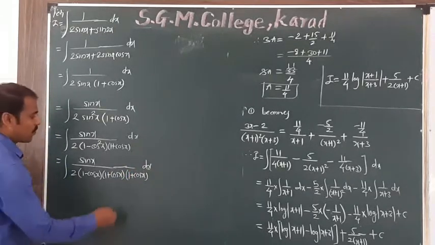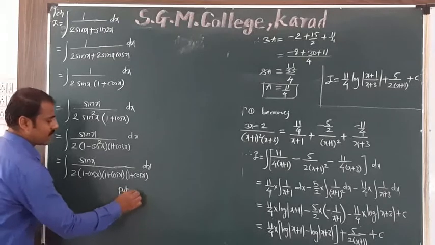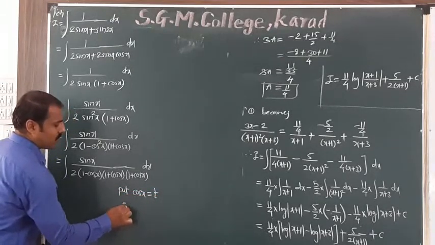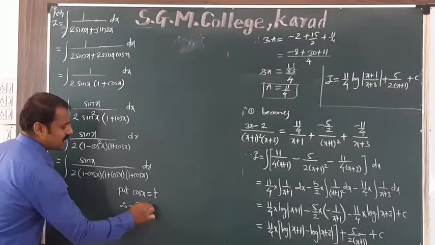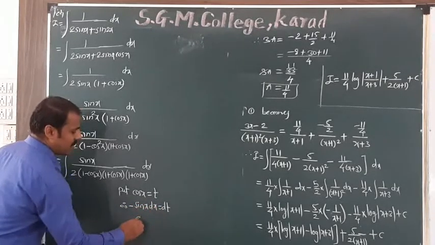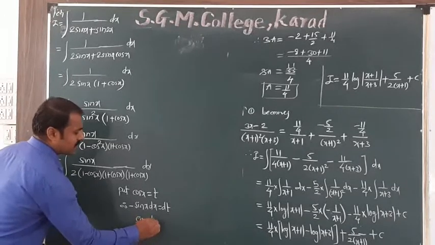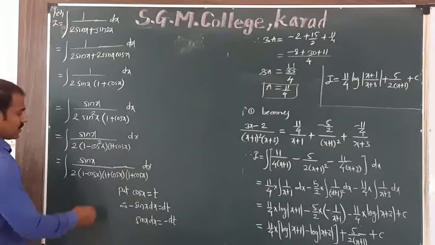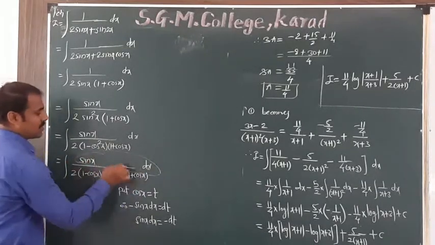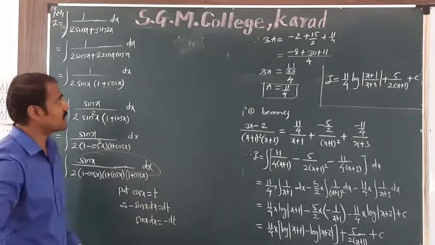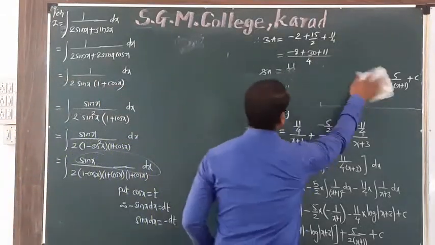Now we put cos x equal to t, therefore derivative of cos x is minus sin x dx equal to dt. We find here sin x dx is minus dt. Here is the term sin x dx, I can write instead of sin x dx it's minus dt.